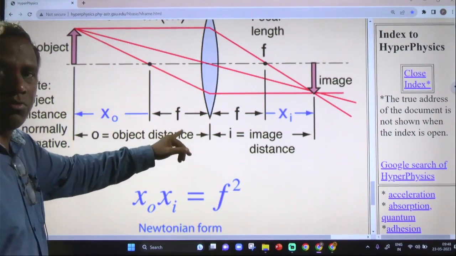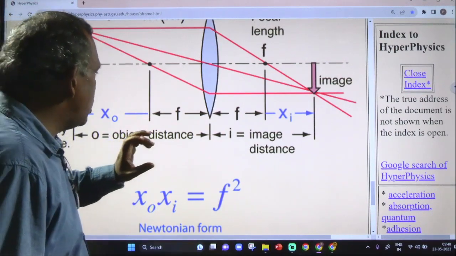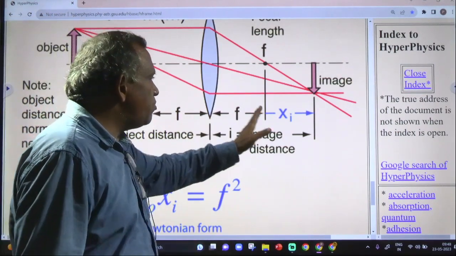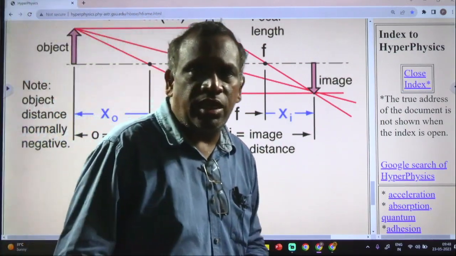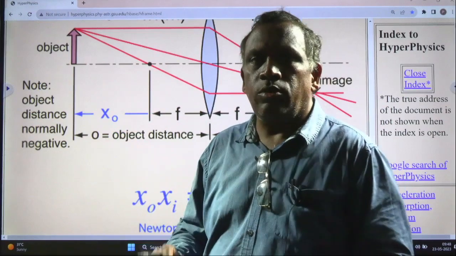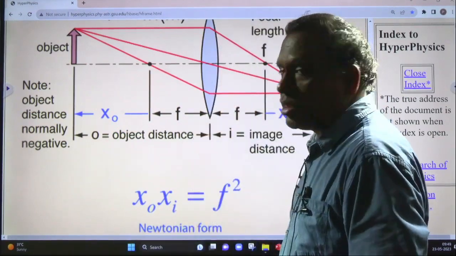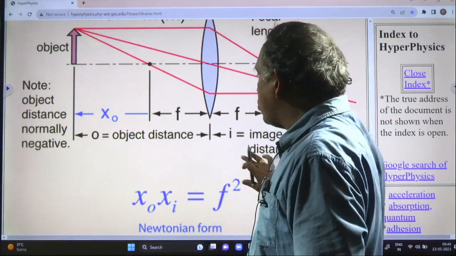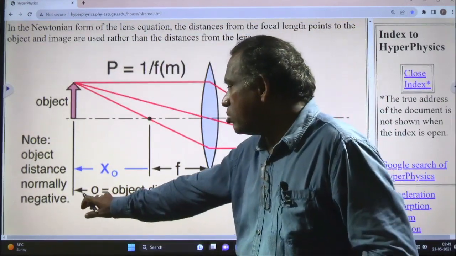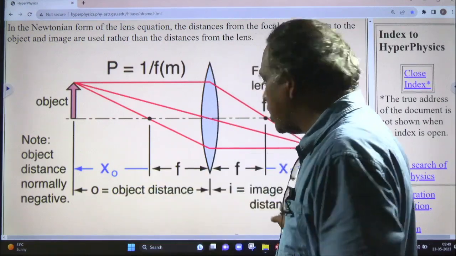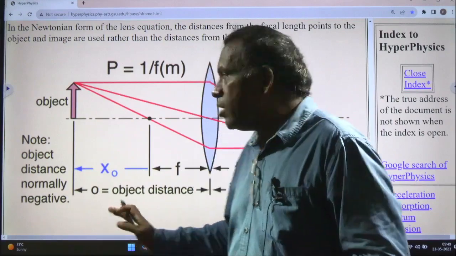The distance between the focus and the image is XI. XO into XI, or x1 into x2, is equal to f squared, where f is the focal length. The object distance is u, and v is the image distance.